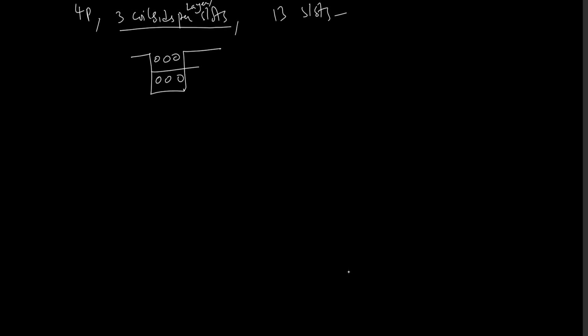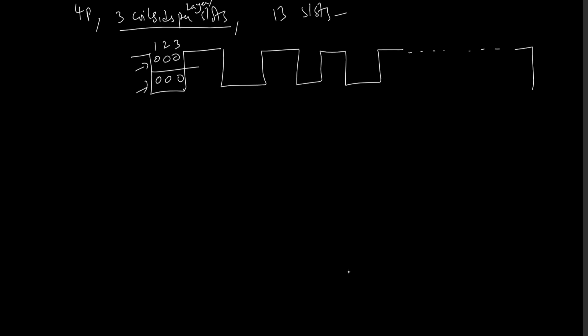This is the top layer and this is the bottom layer. Okay, so these are the 1, 2, 3 coil sides. Like that we have 13 in number, 1, 2, 3, 4, and so on up to 13.